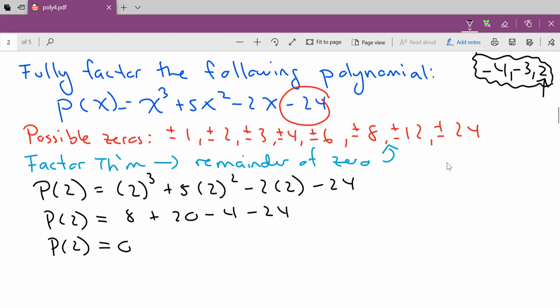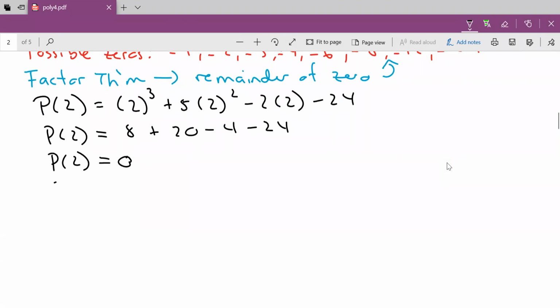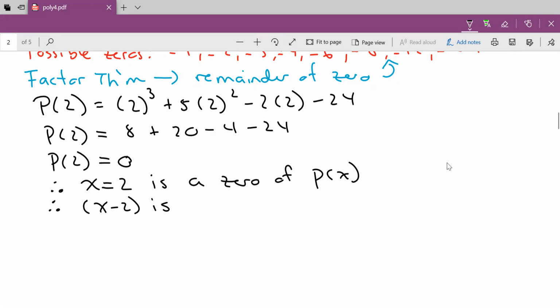Again, what does that tell me? Therefore, x equals 2 is a zero of p of x, and almost more importantly for what we're about to do, x minus 2 is a factor of p of x.